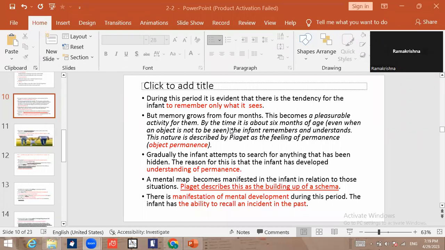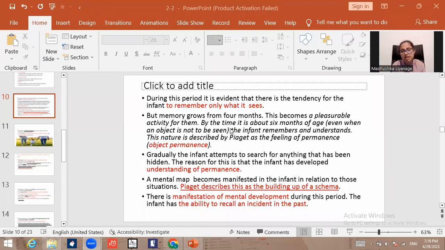Then, gradually, the infant attempts to search for anything that has been hidden. The reason for this is that the infant has developed an understanding of permanence, right? And a mental map becomes manifested in the infant in relation to those situations.